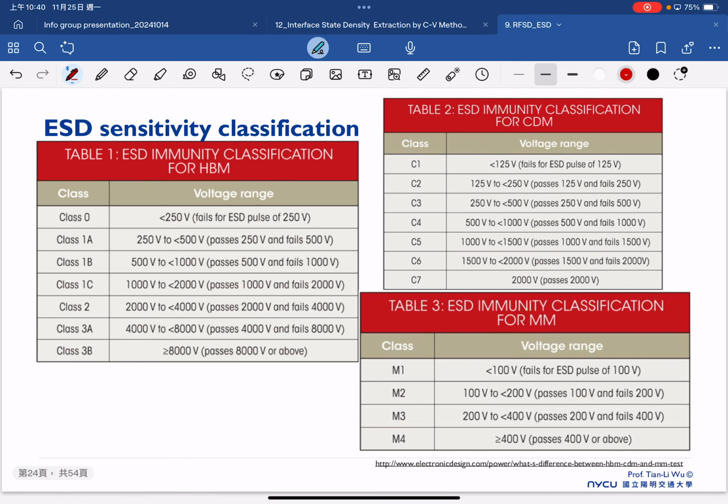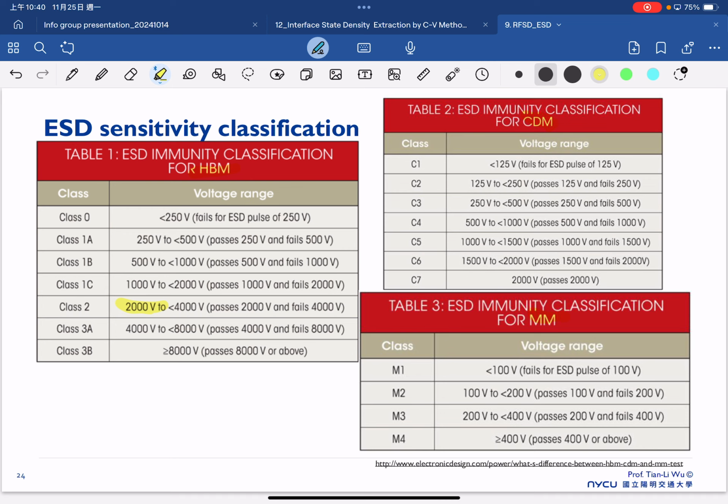So now, if your product has been tested for the HBM, CDM, or MM, then you can start to qualify your product at a certain level. For example, for HBM, a lot of customers at least want your device to sustain 2000 volt.